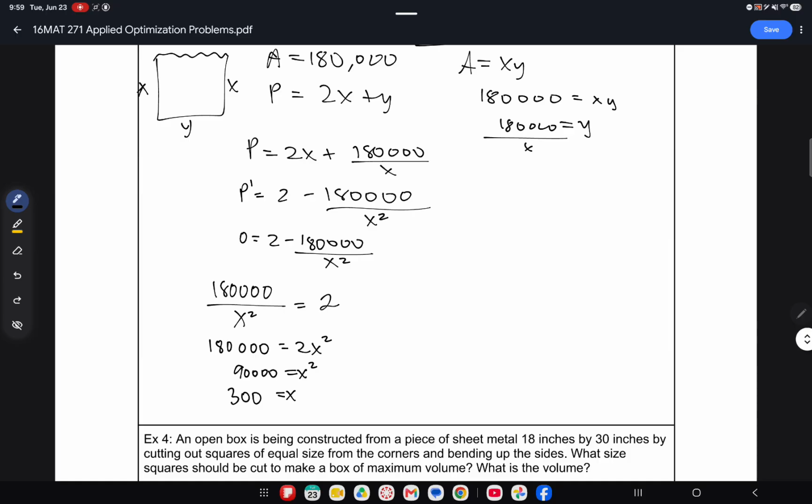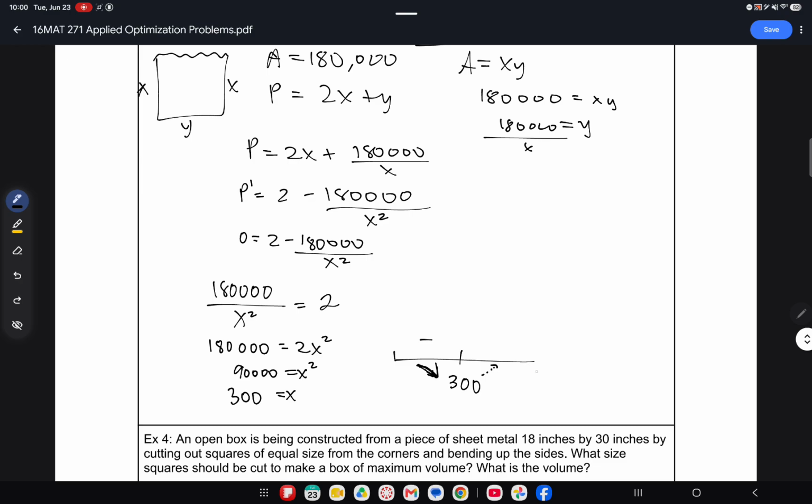So 300. I can double check that 300 is a, let's see, we want to minimize it. So I'm thinking we want that to be looking like this. So let's double check. So how about let's plug in 1. And if I plug in 1, 2 minus 180,000 is definitely negative. So it is for sure decreasing there.